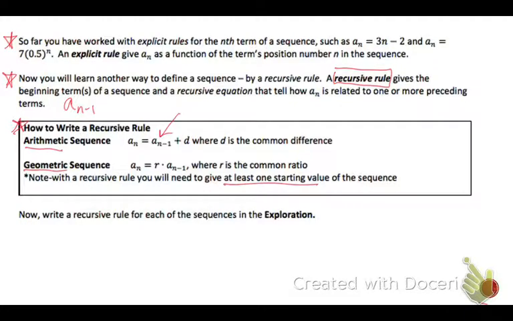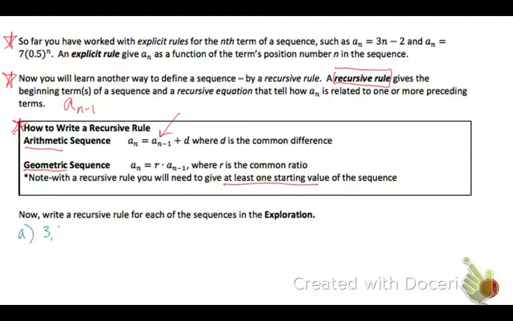So any term, a sub n, will equal our multiplier times the term before. Again, look at the note. This is very important. With a recursive rule, it's part of the rule to give at least one starting value. So let's look back at our sequences in our exploration, and let's write recursive rules for those.